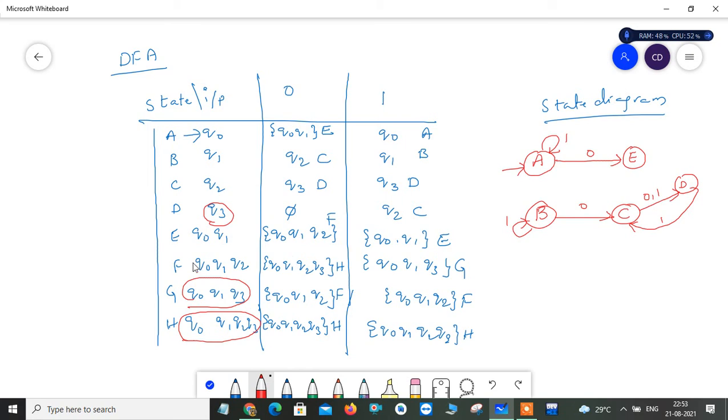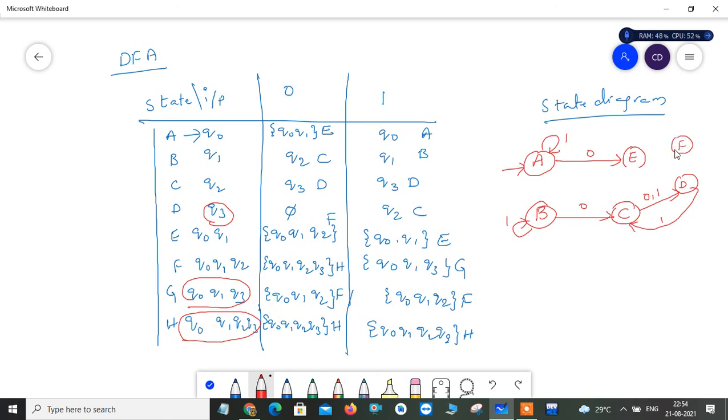Then from E I can move to F and E. From E, the F, G, H combination is there, so for that I can extend it here.